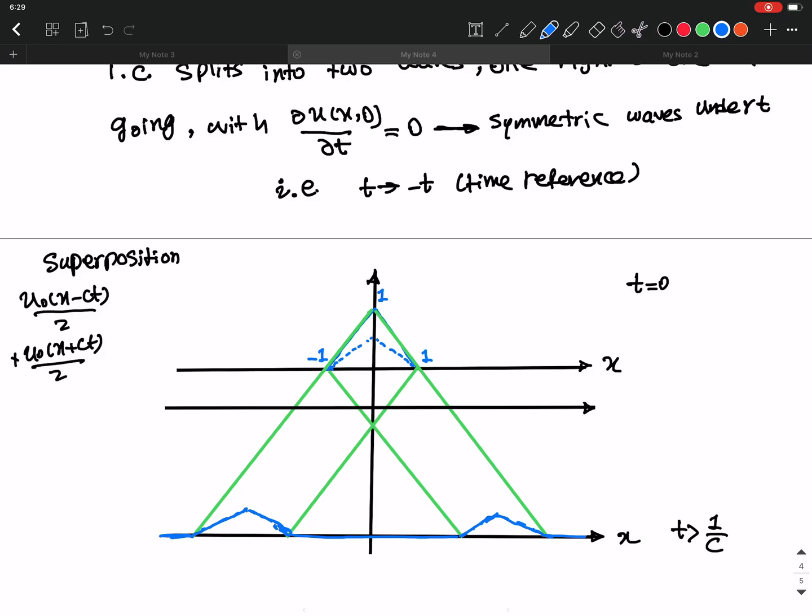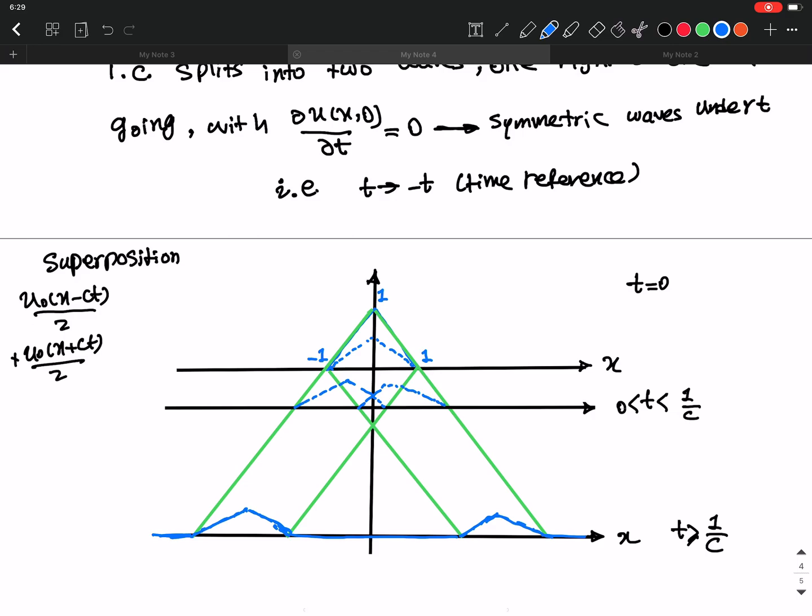And then let's see what's going to happen when we are here, where t is between 0 and 1 over c. We have two waves, one here and one here, right?